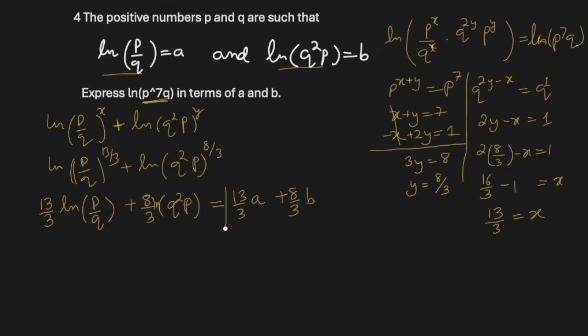This is equal to natural log of p^7 q. You can confirm this by applying these two values here, and you will get exactly the same p^7 over q. I'm sure about this. So this is what they are looking for: express natural log of p^7 q in terms of a and b. So 13 over 3 a plus 8 over 3 b.